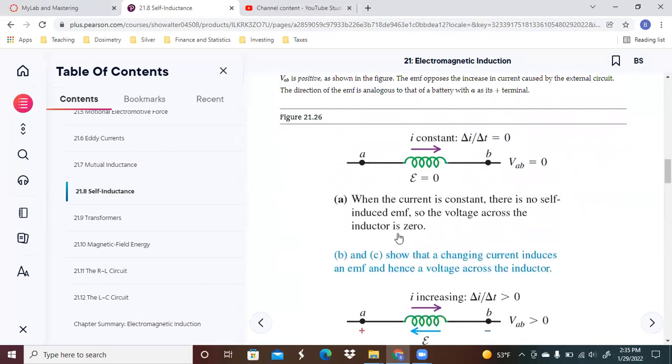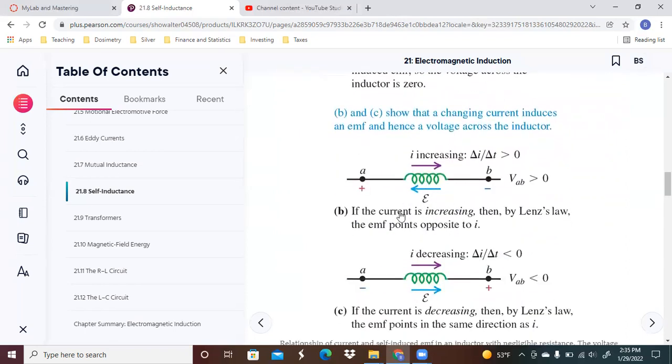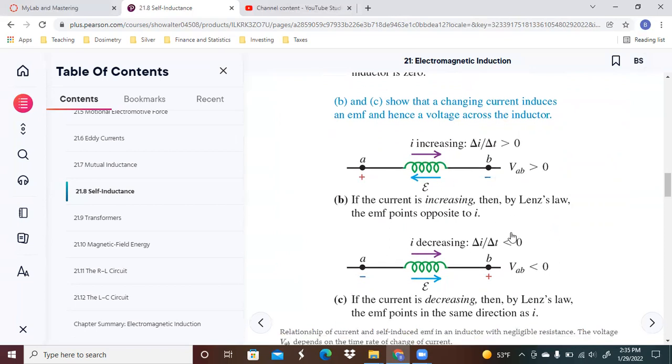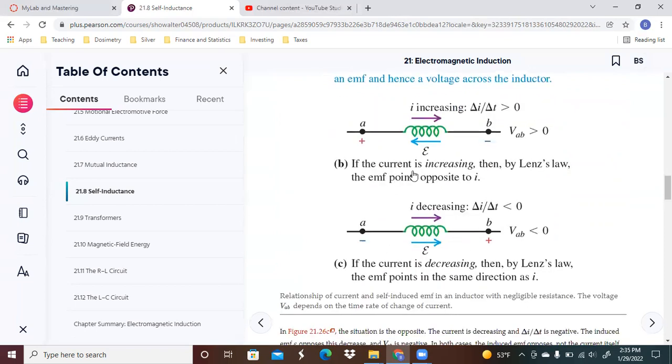If we look at part B, where we have increasing current, then we have an EMF that is working to oppose that particular change. Obviously, the voltage between A and B is going to be considered greater than 0, if the current is increasing.